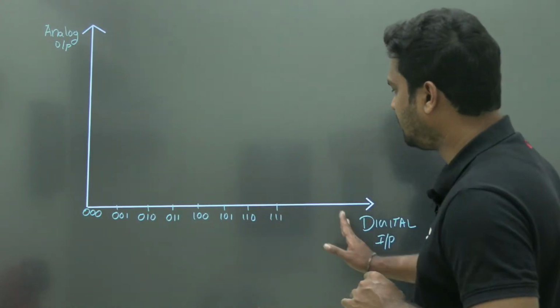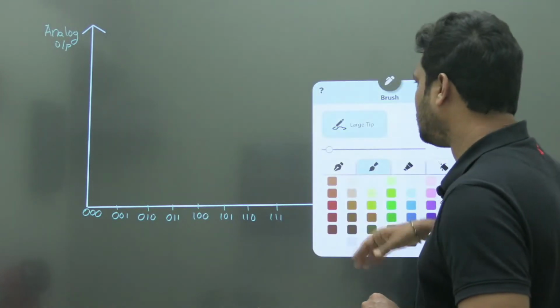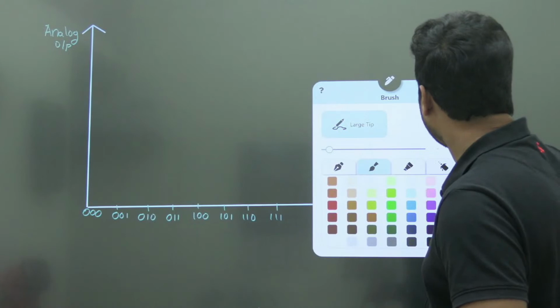Suppose this is my input. So I have a 3-bit digital input. I want to convert it into analog output.